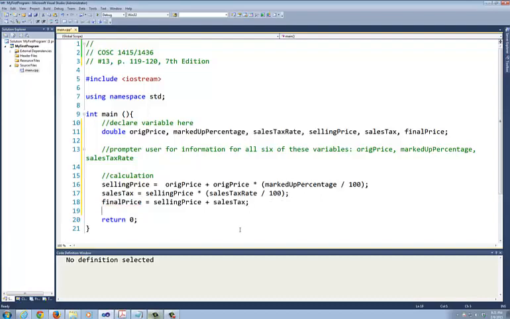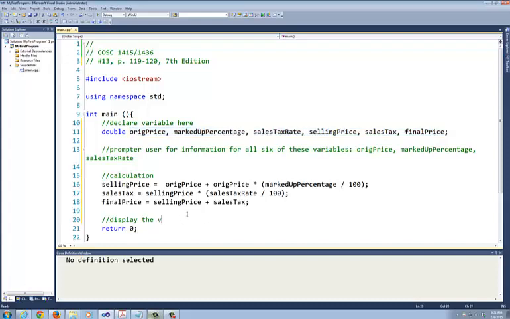Alright. So I need to get all this stuff out. I need you to output and display all of these variables right here.